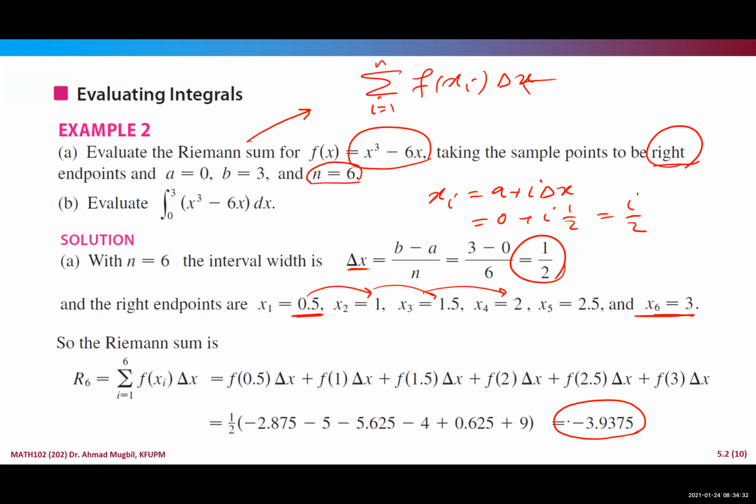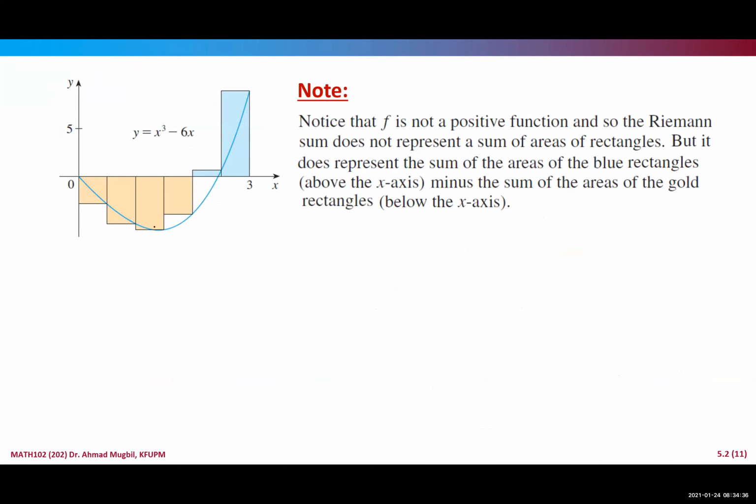This means that for this curve, on some subintervals it is below the x-axis, and then it is above the x-axis. So in fact, notice that f is not a positive function, and so the Riemann sum does not represent a sum of areas.